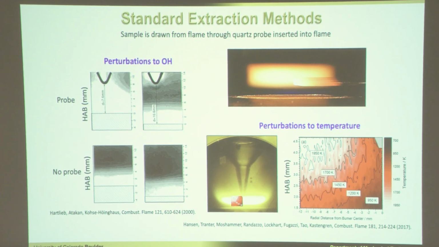The probe is on the right-hand side, and you see how it cools the whole region around the probe in the flame. That's really disturbing because that's basically cooling the whole region. You're really perturbing the chemistry. On the left-hand side, people have also shown that it really perturbs the radical concentration near the probe. So that's something we have to worry about when we're doing this type of probing.